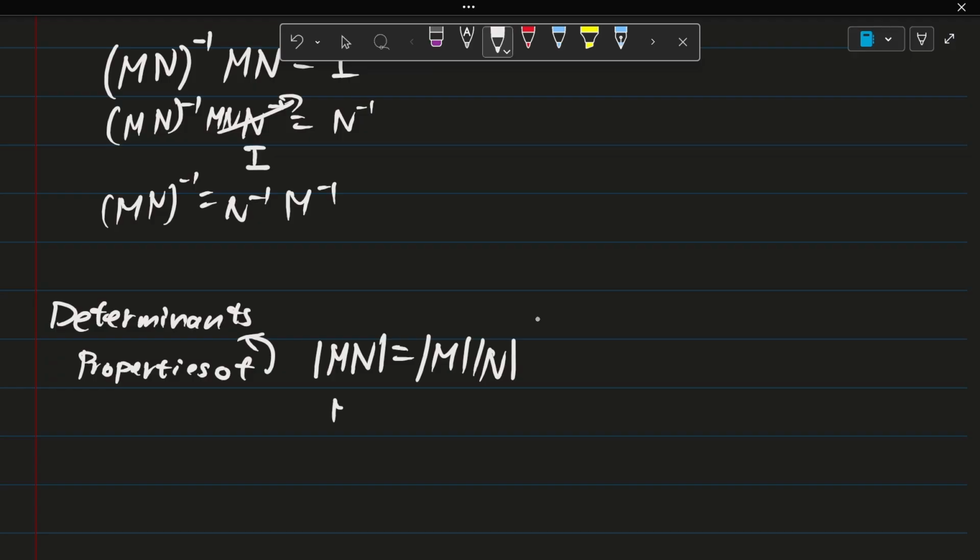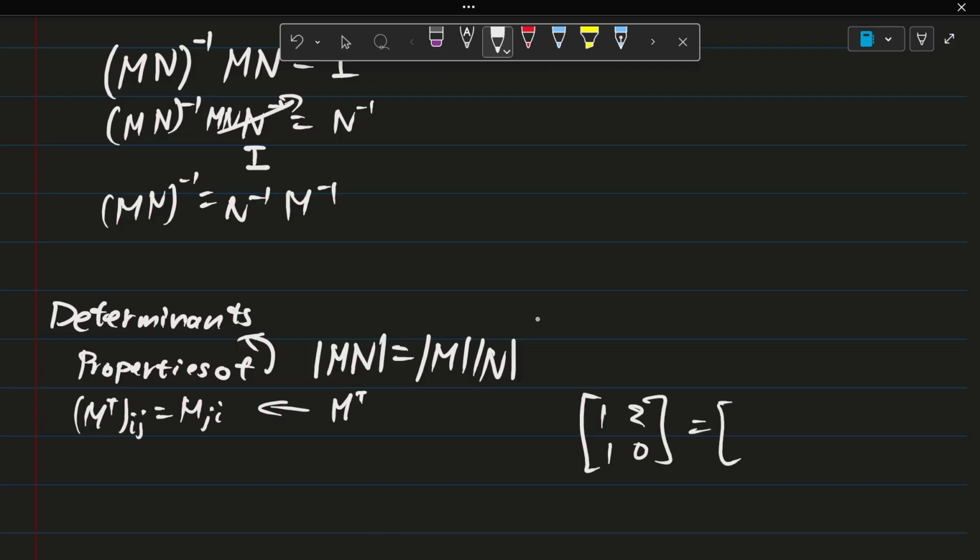Another thing is that if you take the m transpose, m transpose in terms of ij is the same thing as mji. So you pretty much flip your matrix around. It will be something like this: 1, 1, 2, 0. And it turns out that the determinant of this m transpose is the same as that of m.